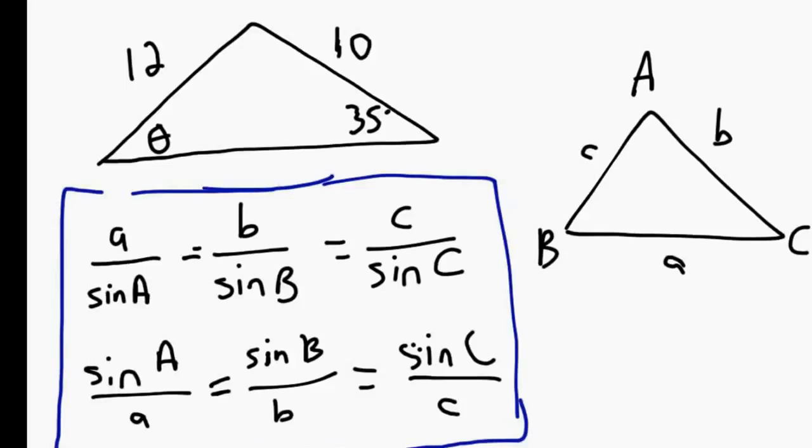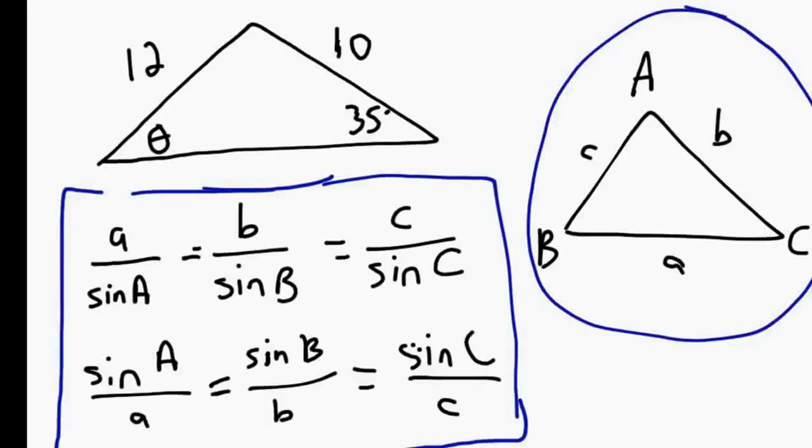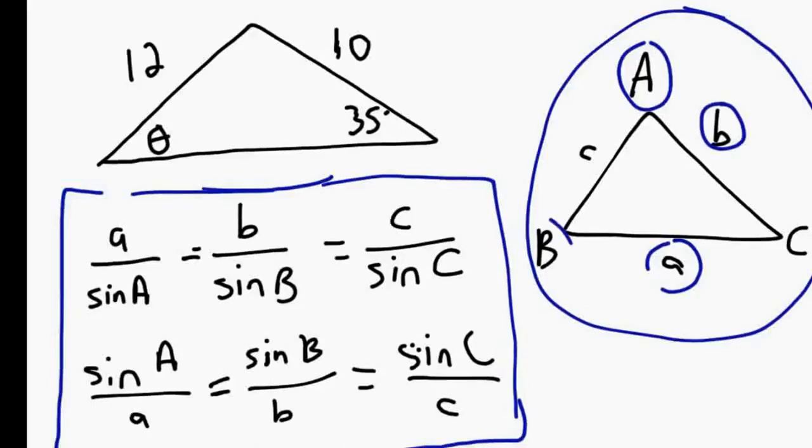So first of all, in our regular ABC triangle, we just have to remember that angle A and the little a is the side across from it, angle B, little b is the side across from that, and C as well. So the sine law states that we can calculate these by going A divided by sine A has to be the same thing as B divided by sine B, which also has to be the same thing as C divided by sine C.